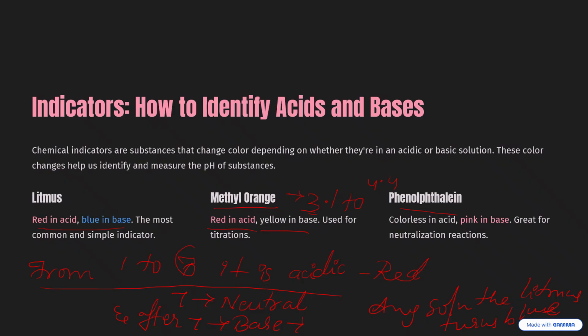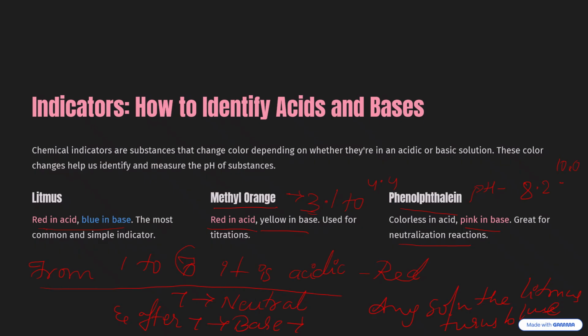Phenolphthalein is colorless in acid and pink in base, great for neutralization reactions. Its pH range is from 8.2 to 10.0.